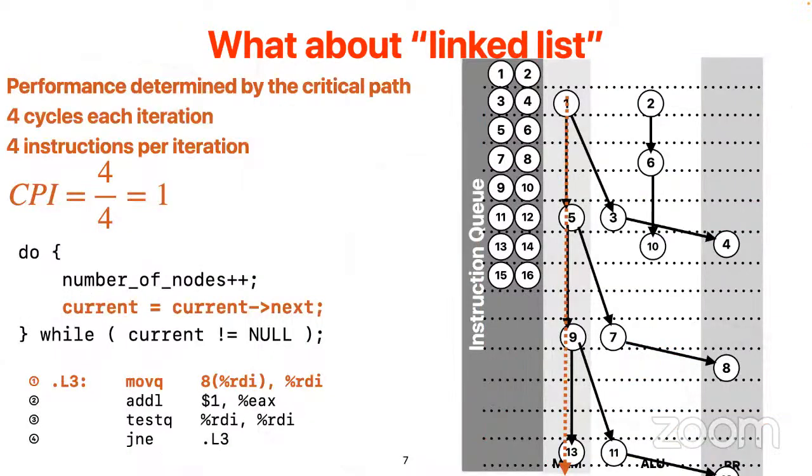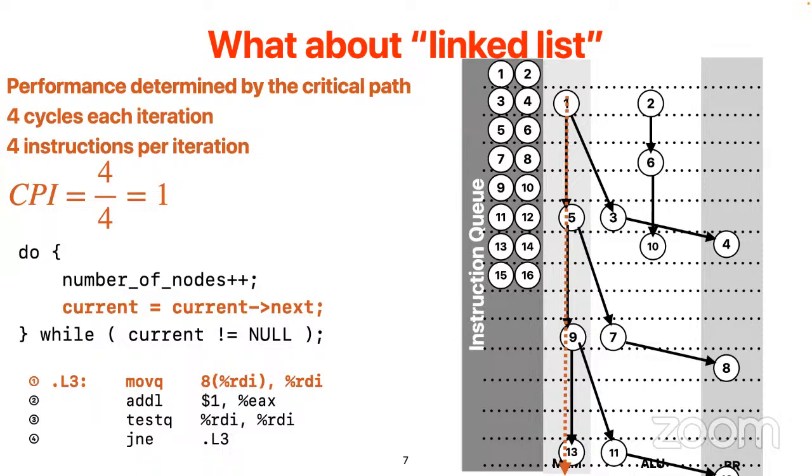However, if you are a programmer who doesn't know this and you just use your own imagination, your raw expectation about your hardware, and you think, I just want to use those fancy data structures that I learned in CS100, and it turns out I put linked lists in many of my code, then this is what you get, right? From data dependency graph analysis, you know that the CPI is only 1 on average, right?